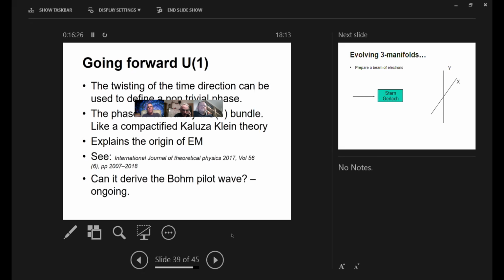My question is, if you're looking at the phase and you're saying the phase is changing because the time direction is, I guess, twisting. But if you're looking at the phase of a wave, let's say cosine of kx minus omega t, you could just as well change the phase by changing the direction of the wave vector k as by changing the time direction.